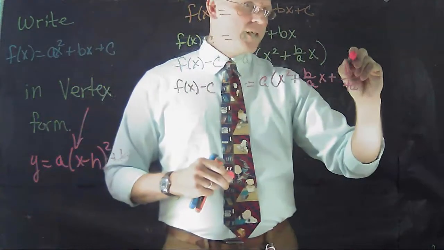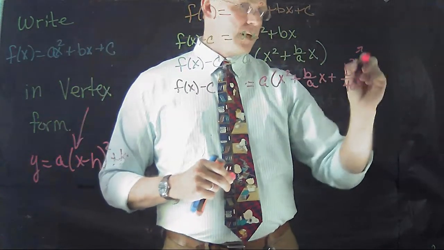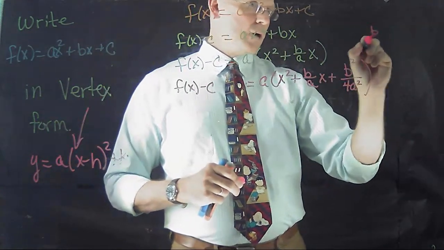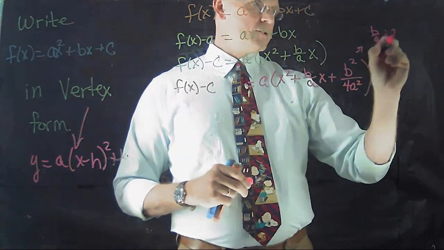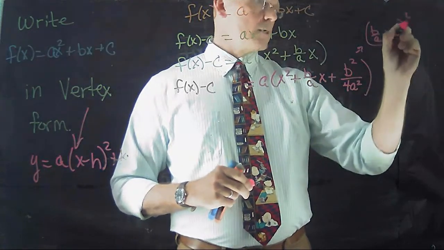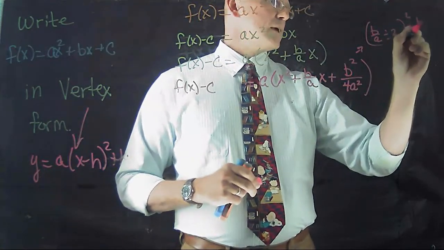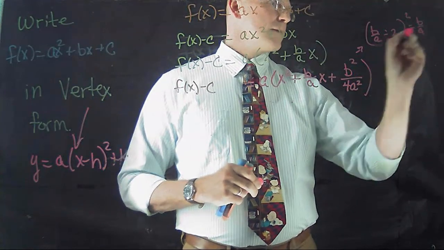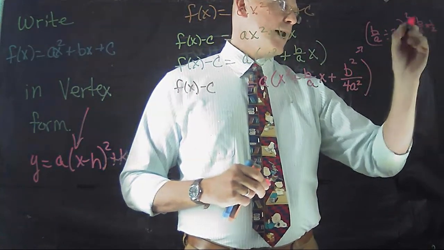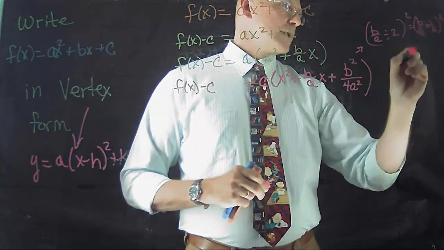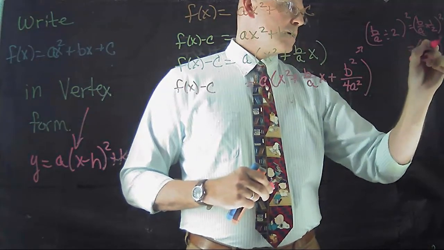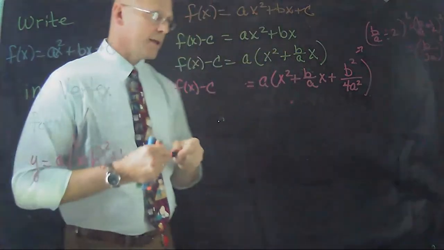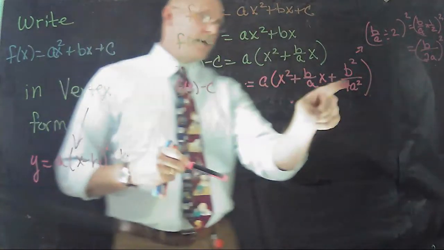Remember, this is b over a divided by 2, squared. Dividing by 2 is the same as multiplying by 1/2, so that is b over 2a, squared. There it is.